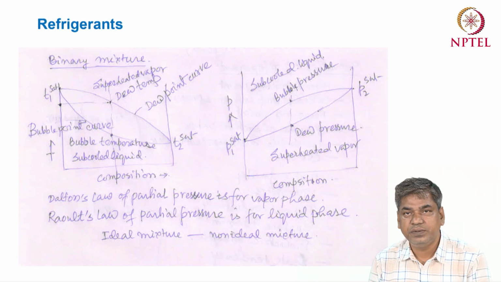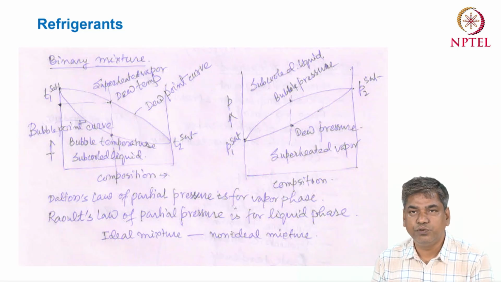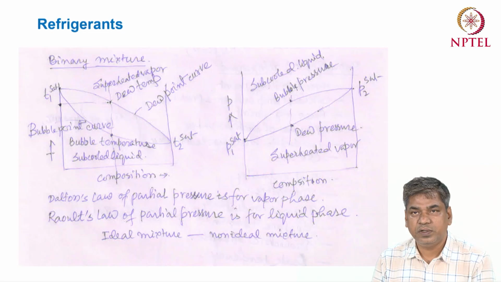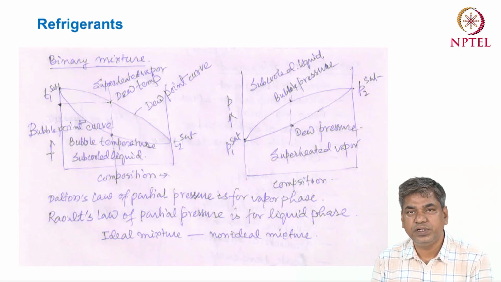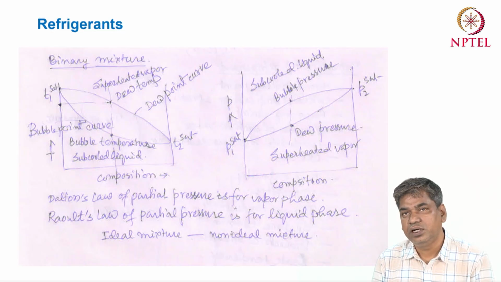In the first figure, we can see that this curve is drawn between temperature versus composition. Let's say the composition of two fluids, fluid 1 and fluid 2. When the composition of the first fluid is 100%, T1 is the saturation temperature of fluid 1.